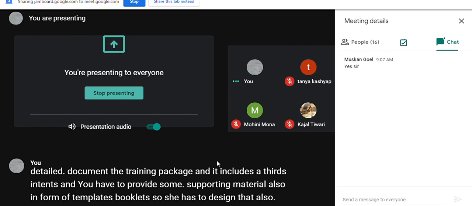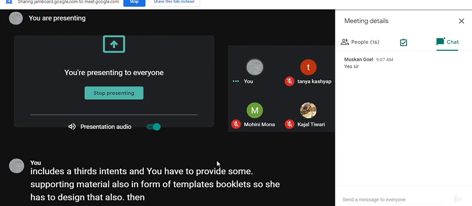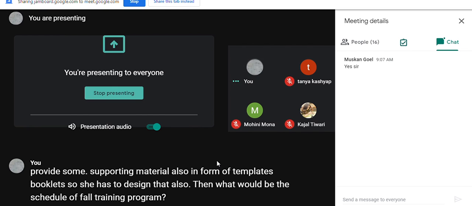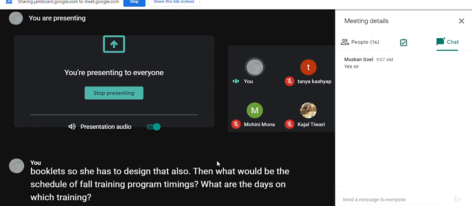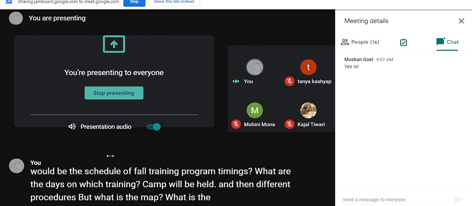Then what would be the schedule of the whole training program, the timings, the days on which the training camp will be held, and then different procedures, that is, the map, the path of this whole training program.